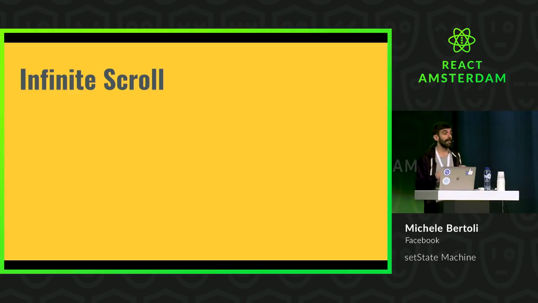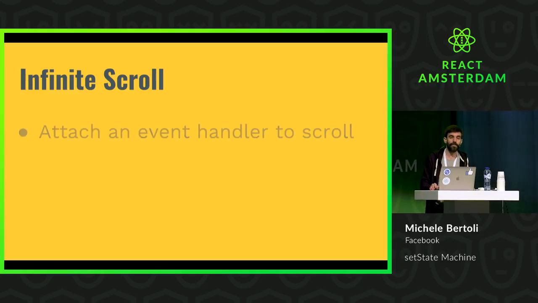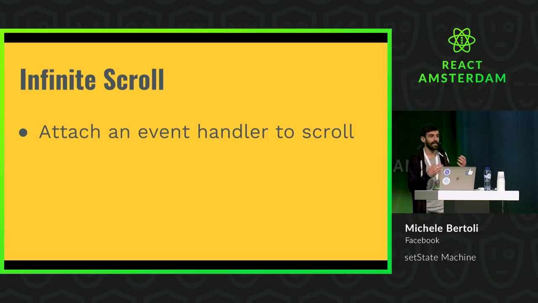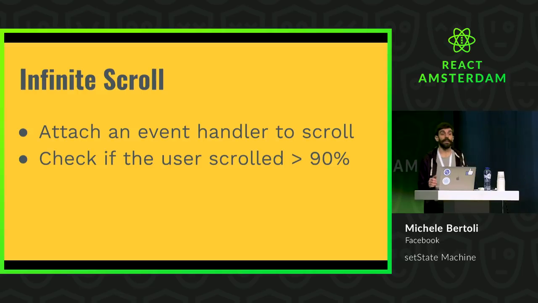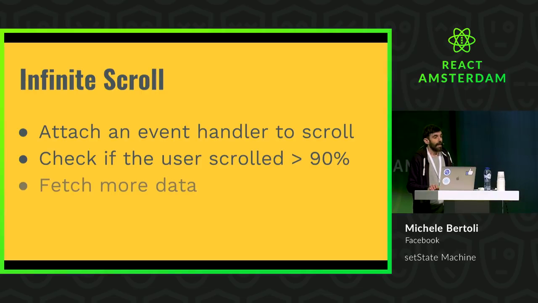So if we were building an infinite scroll component, the first thing we would do is attach an event handler to the scroll. Every time this scroll event fires, we would check whether the user scrolled more than 90% of the page. And if that's the case, we fetch more data and append the new data at the end of the page. So far, so good, I guess.